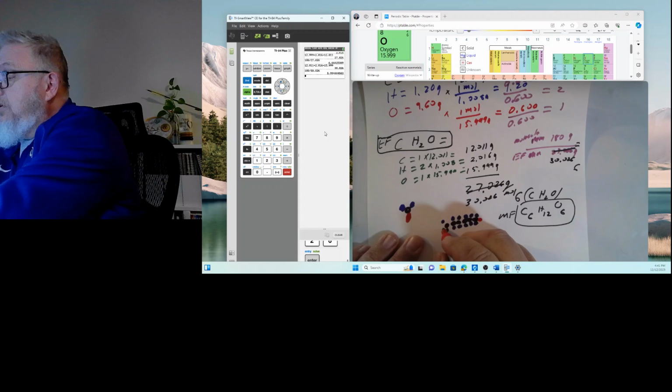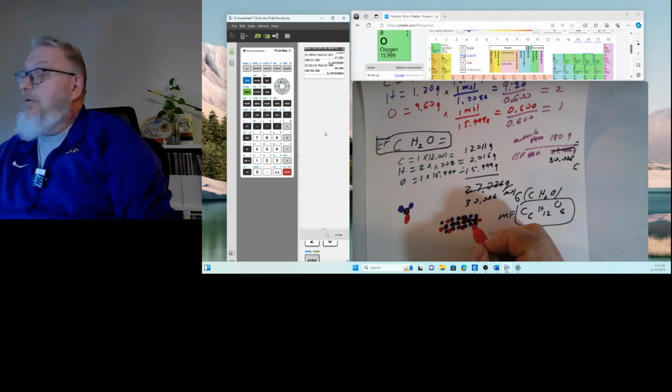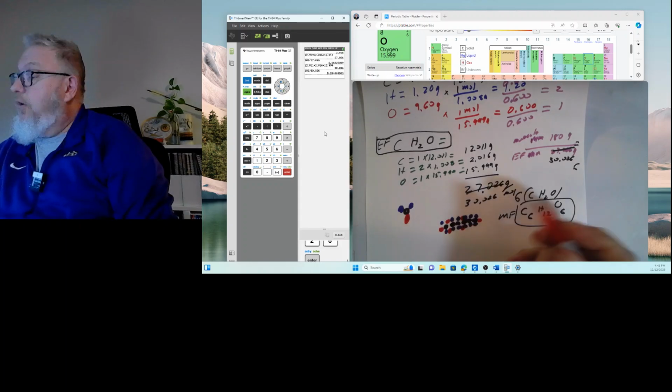So if I wanted to find my molecular formula from looking here, I'd count the number of balls. I'd have 6 black ones, I'd have 12 blue ones and 6 red ones. So that would be the molecular formula diagram.